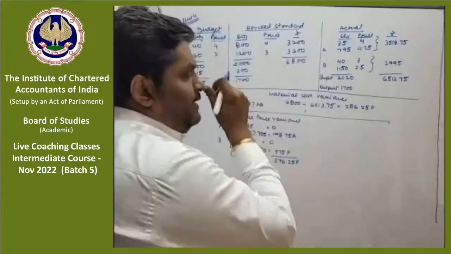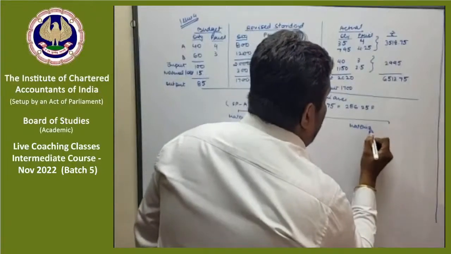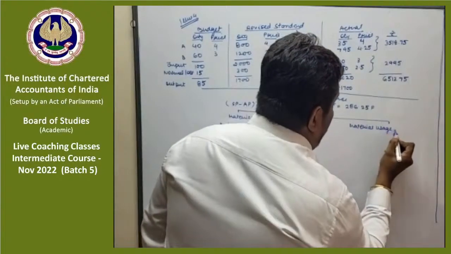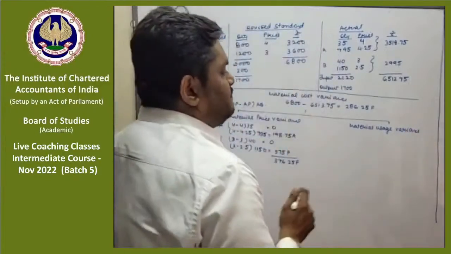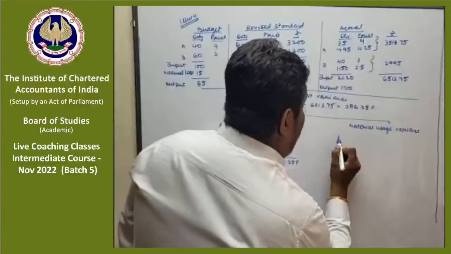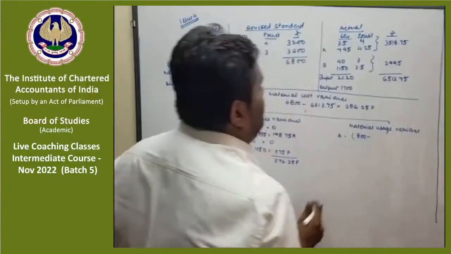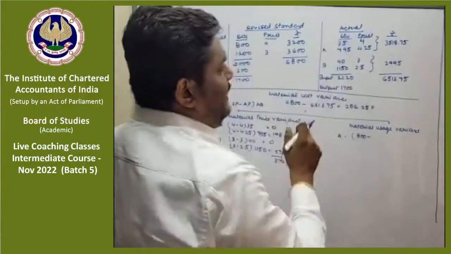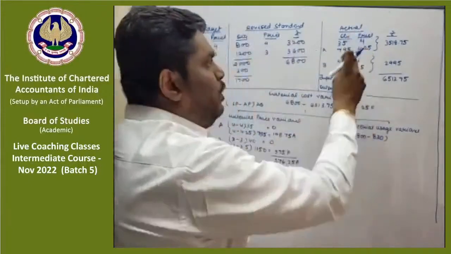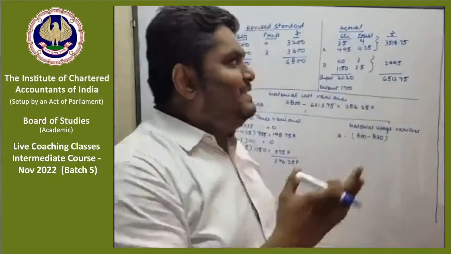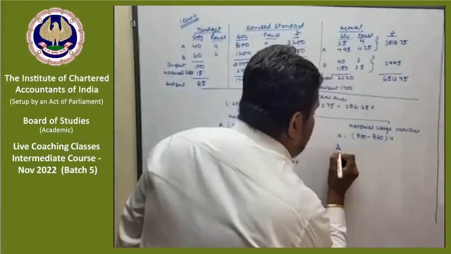When talking about the usage part, very simple guys. For A, how much quantity was supposed to be used? 800. How much was used in aggregate? 830. Why am I not bifurcating? Because the standard price is the same for 35 and 795 units. So into 4.